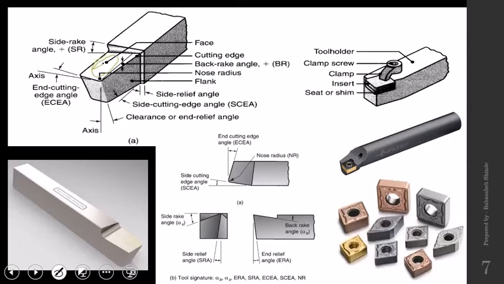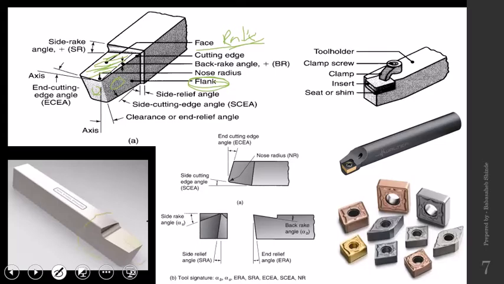This top surface is called the face or rake face. These two surfaces are called the flank of the cutting tool. Now, the top surface, which is called the face or rake face, is going to decide the chip flow.